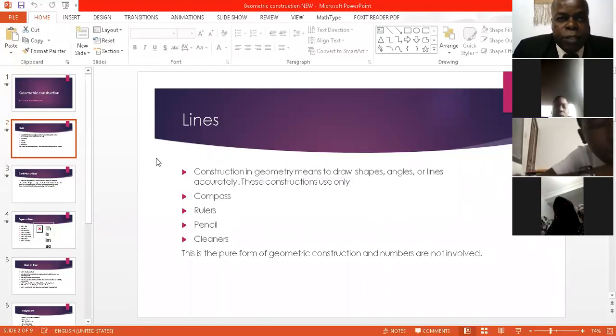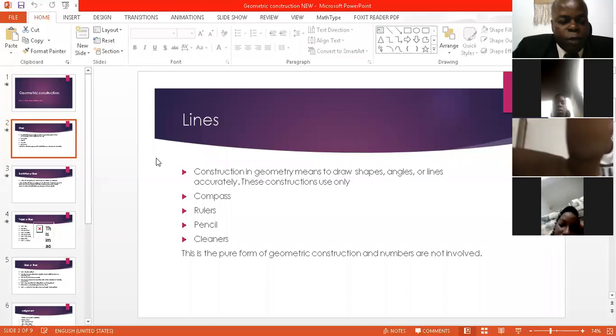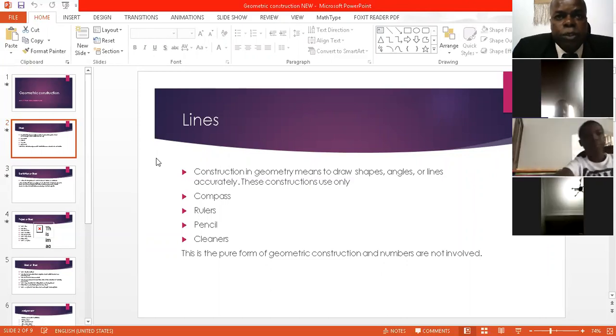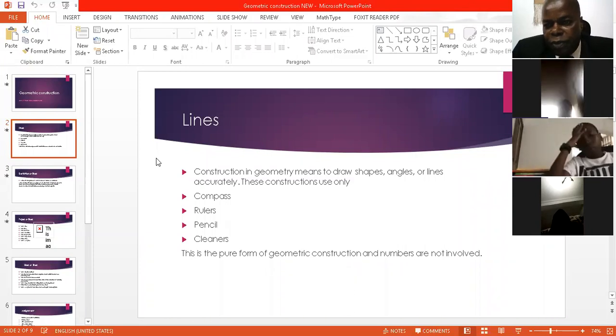Then 10 using a straight line and a circle. Those are ways of drawing geometry. So that is how geometry started. In engineering, without geometry, there is no engineering, because drawing starts from geometry. So before you can talk about geometry, you must know how to draw.